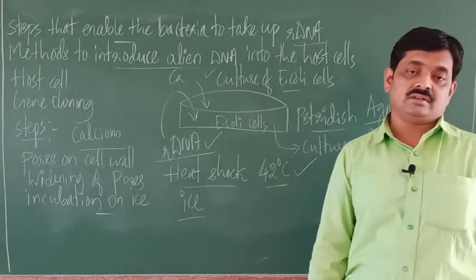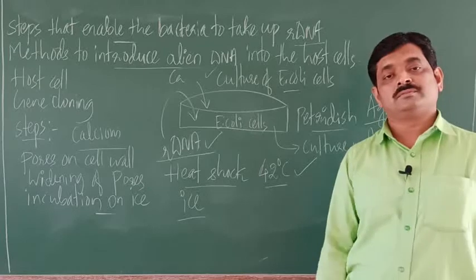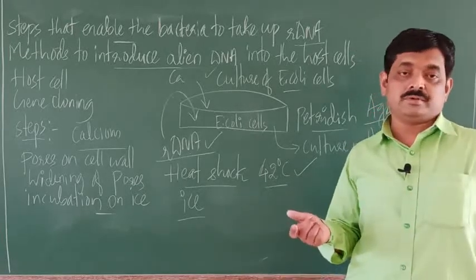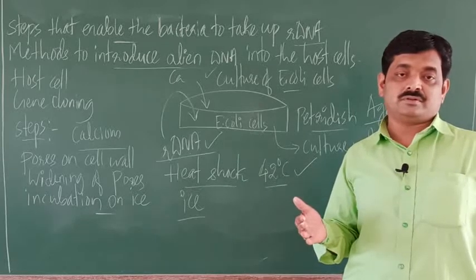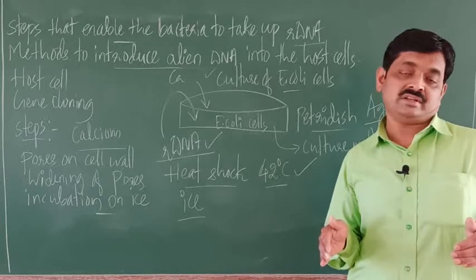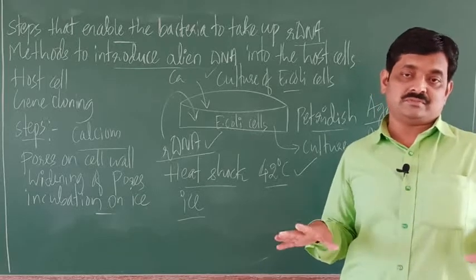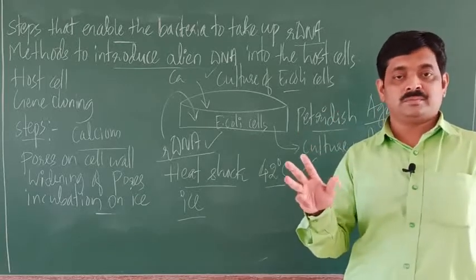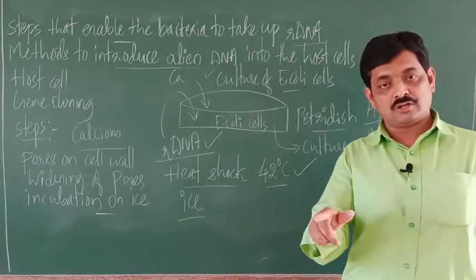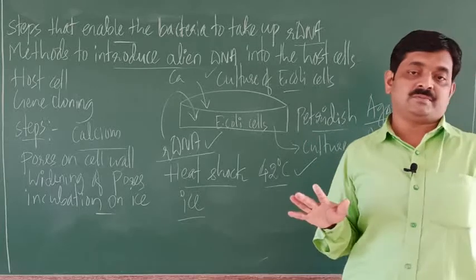So you may expect a question, maybe for 2 marks or a 3-mark question: Mention the steps to enable bacteria to take up recombinant DNA. These are the steps. First is calcium, then incubation on ice, heat shock, again incubation on ice.